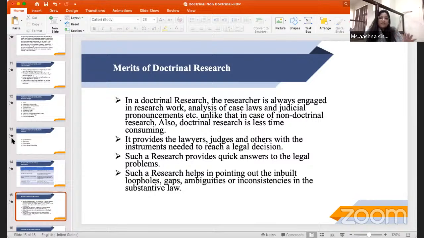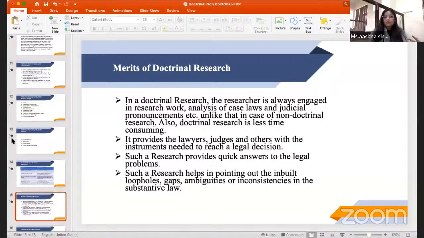So as a researcher, when you're following this approach, the doctrinal approach, you see the law is there, the framework is there, everything is given to you in a particular framework. You try and identify what exactly is missing. So for you as a researcher, the area becomes very focused to work on.